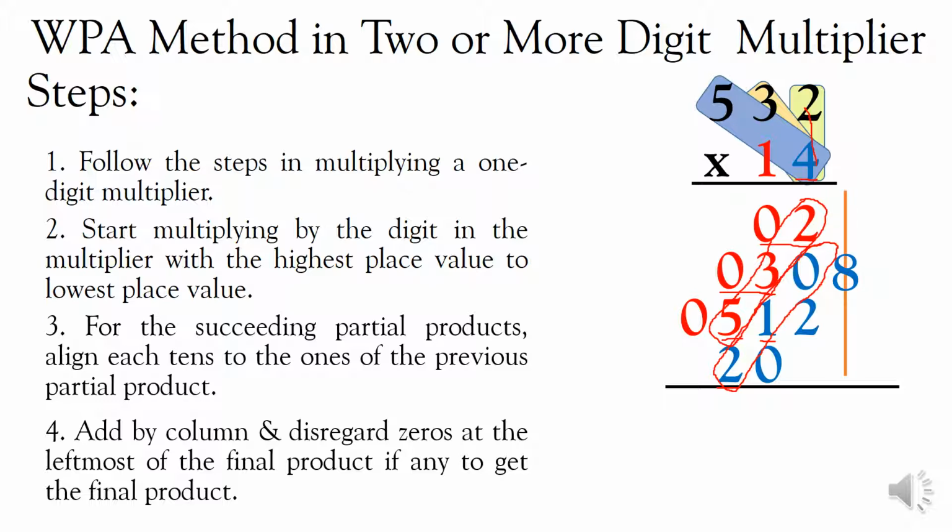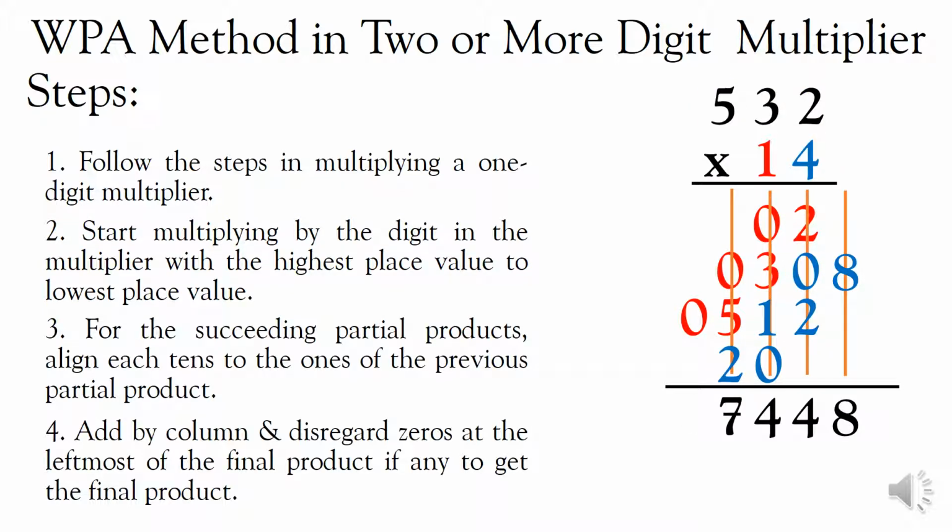Okay, so the first column has the sum of 8, the second column has the sum of 4, the third column has the sum of 4, the fourth column has the sum of 7, and the last column has the sum of 0. Since there is a 0 at the leftmost of the product, we will remove or disregard it. So our final answer will be 7,448.